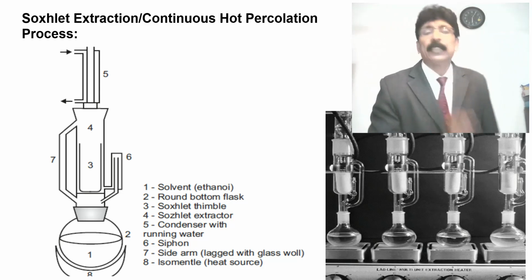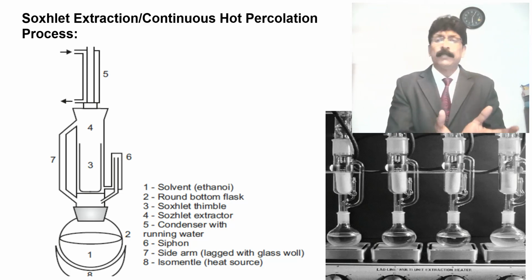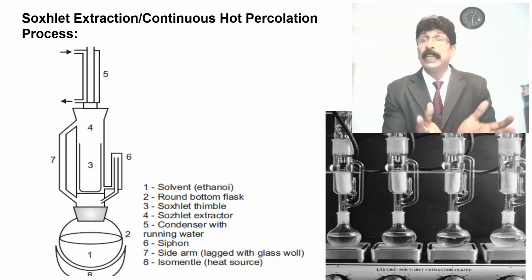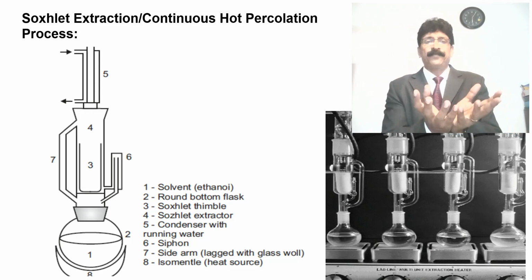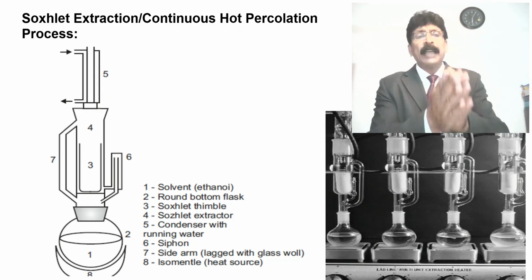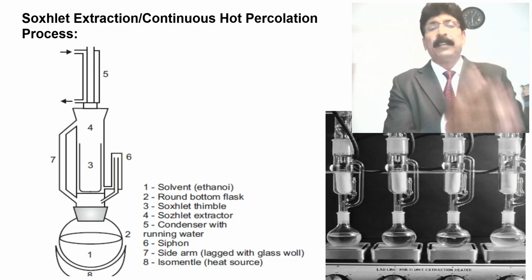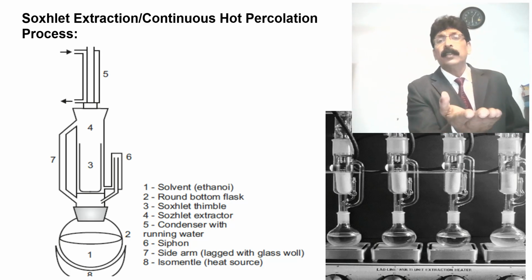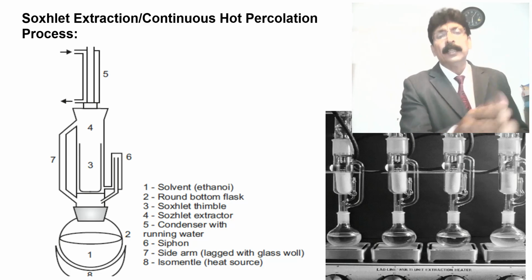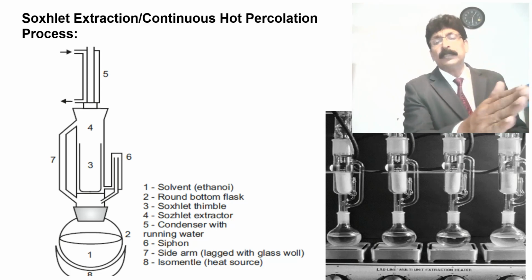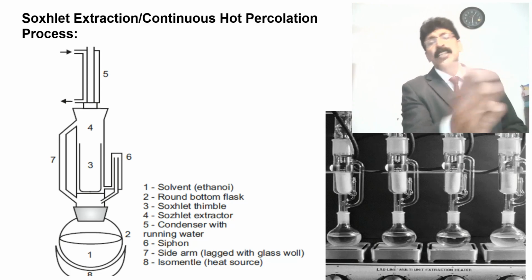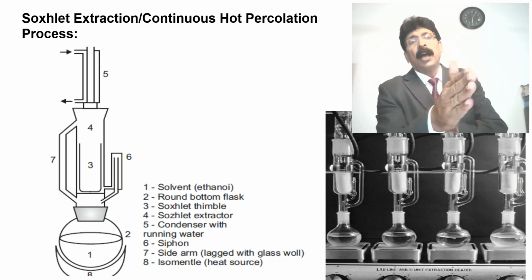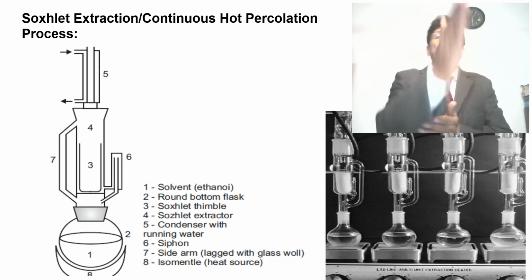When you heat with the number 8 heating mantle under the round bottom flask, the solvent gets heated and evaporates, and it travels through the side tube number 7, because in number 3 there is a line, it is closed, so the vapors cannot pass through. It travels through the side arm, a glass tube in the Soxhlet apparatus, comes to the number 4 area and goes to number 5.